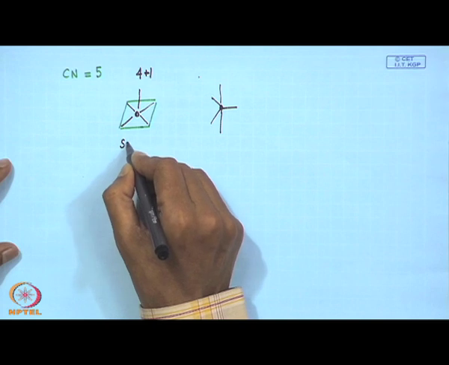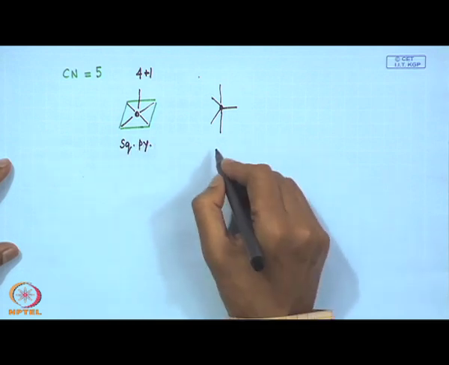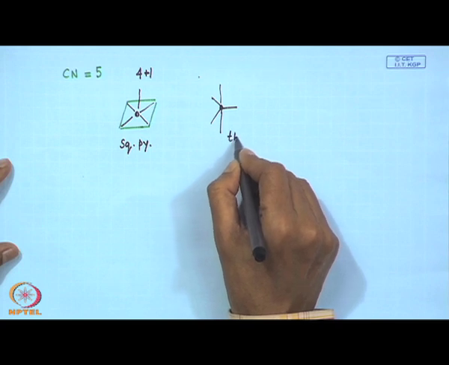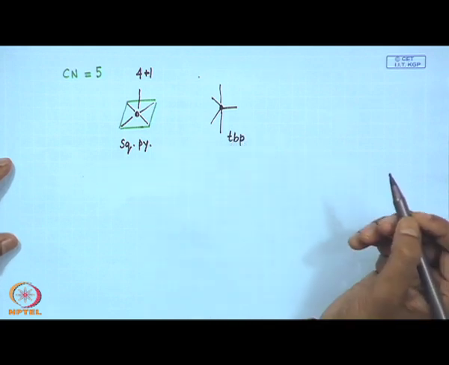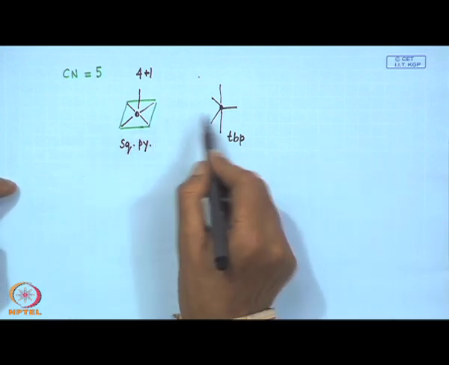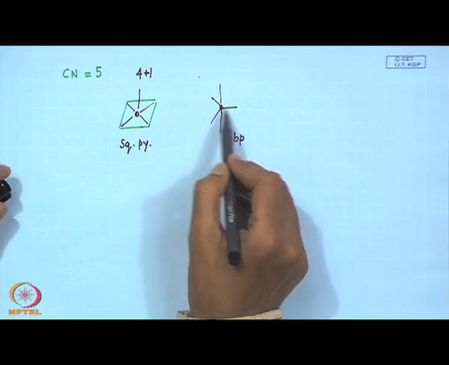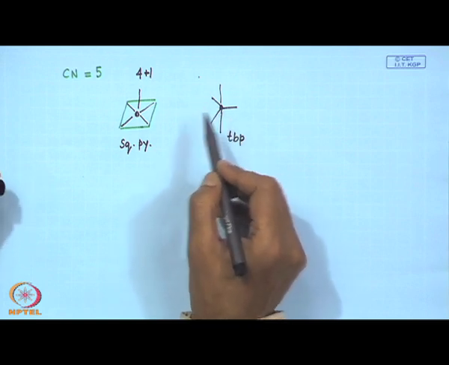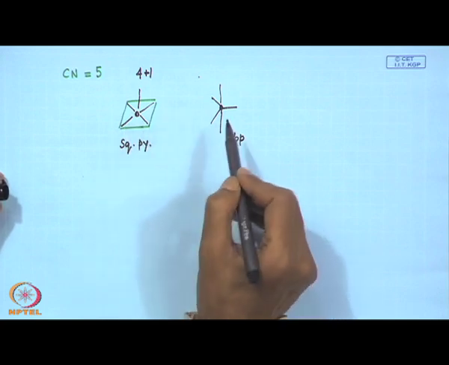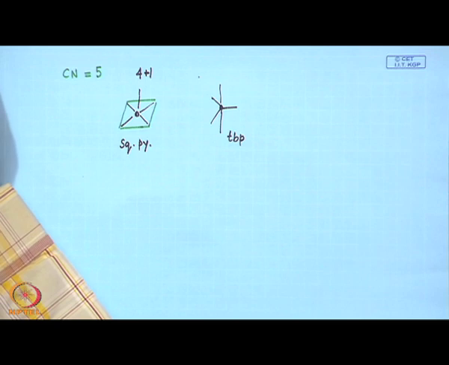So, this is square pyramidal and this is TBP, the trigonal bipyramidal. And these two can be interconvertible, because the positioning of some bonds is only different, but we can move from one arrangement to the other through some movement of these bonds.